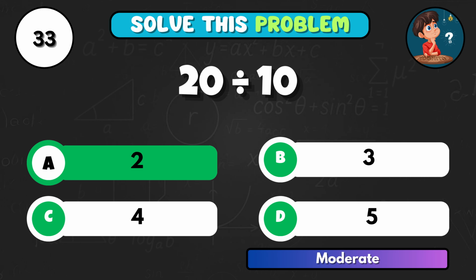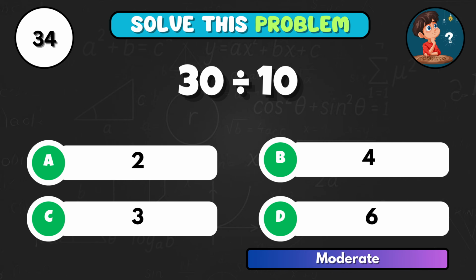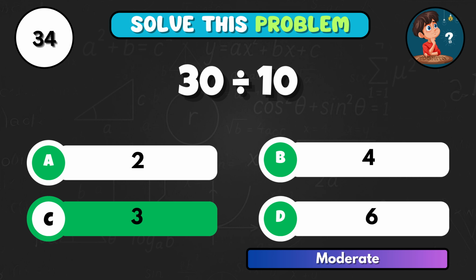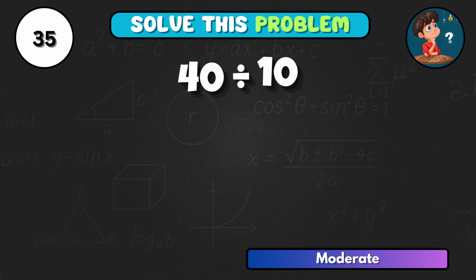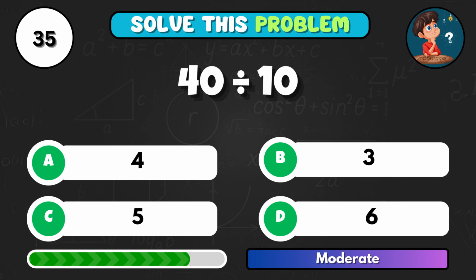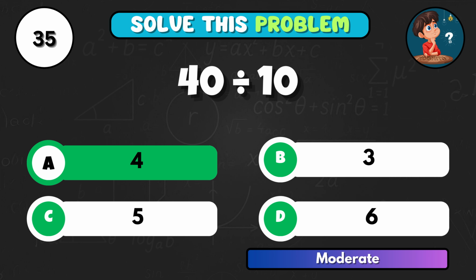The correct choice is A, 2. 30 split by 10 comes out as? That works out to C, 3. Divide 40 by 10. What's the answer? The answer is A, 4.